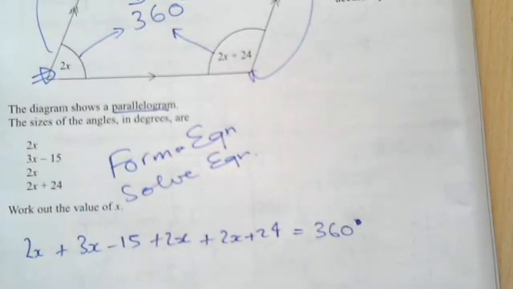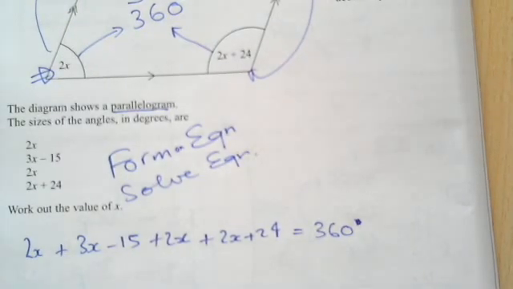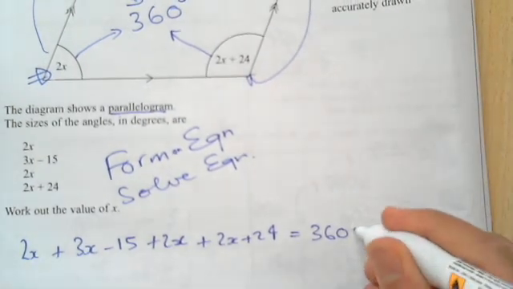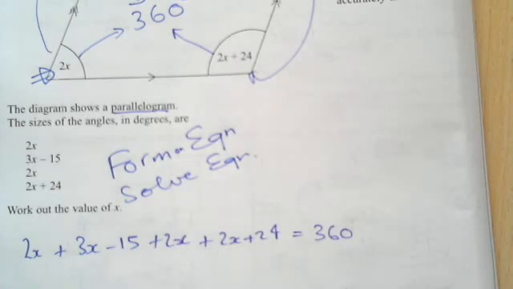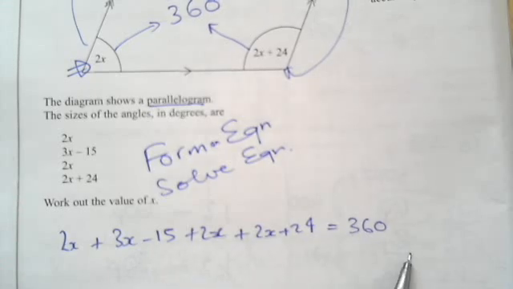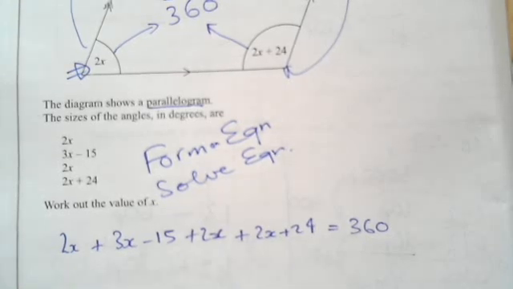Let's leave that out. Now what we have here is a type of linear equation. We have x's and numbers, so we need to simplify the x's with the x's and the numbers with the numbers.